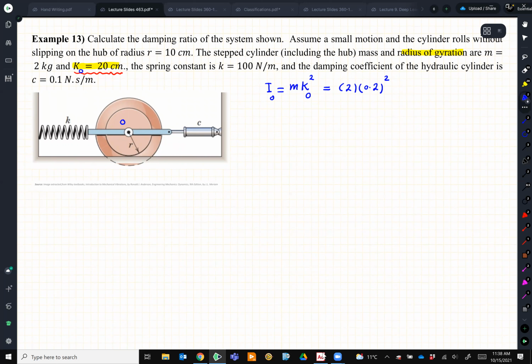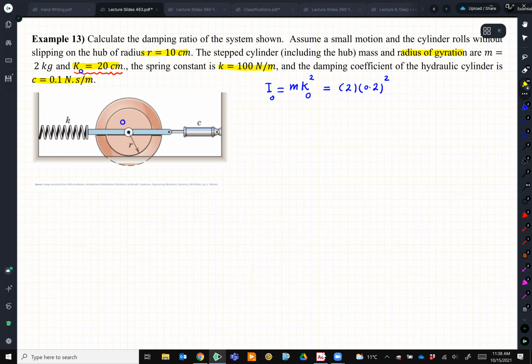So what else? The question says that the radius R is 20 centimeters. So that's one piece of information. And also we have the stiffness and we have the damping ratio. All right. And the units seem to be in the right order. We want to find out the damping coefficient. No, what do we want to do?